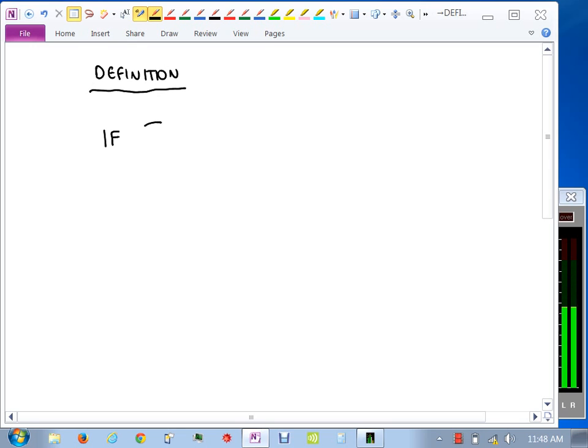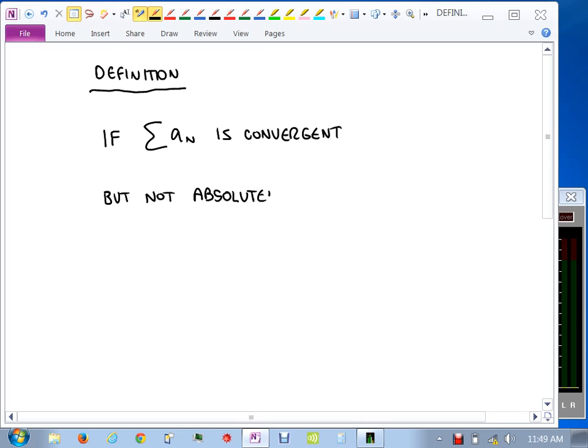If a series is convergent, but not absolutely convergent, we call it conditionally convergent.